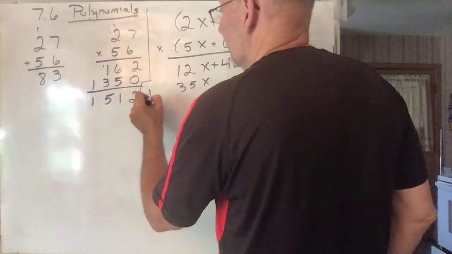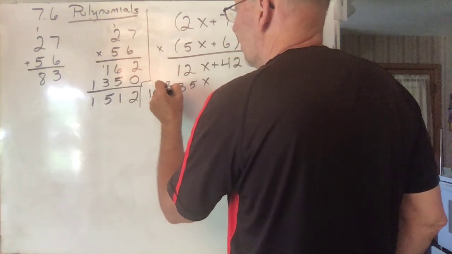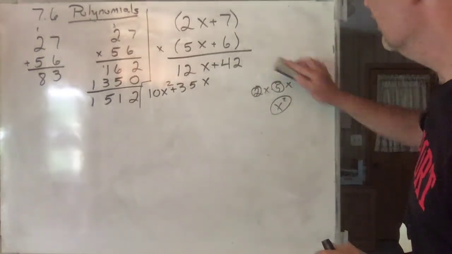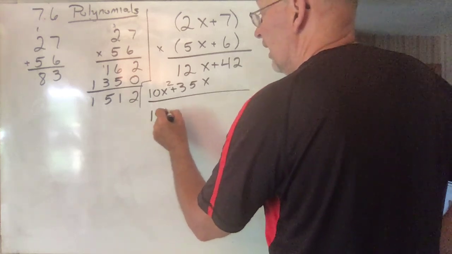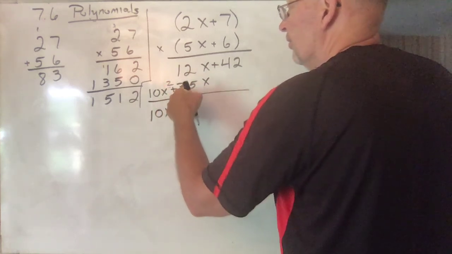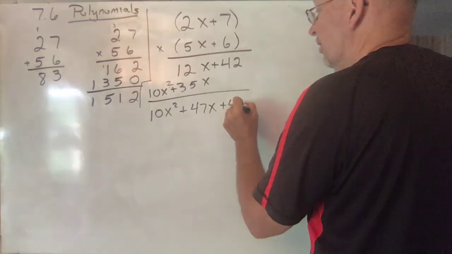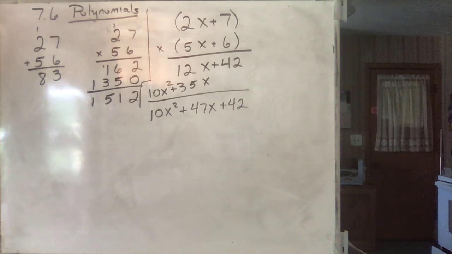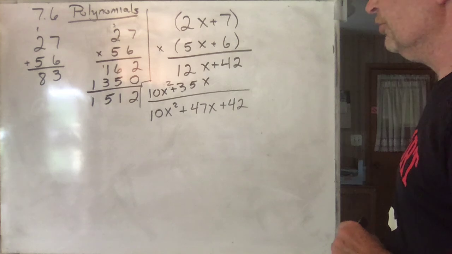So it's going to be 10x squared. Okay? So there you go. And now you can add all that together, and you're going to get 10x squared plus 47x plus 42. Okay? Yep, just checking my numbers there. So that's the way you do it.